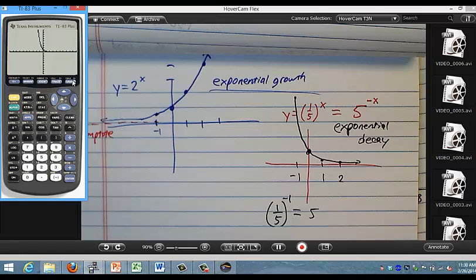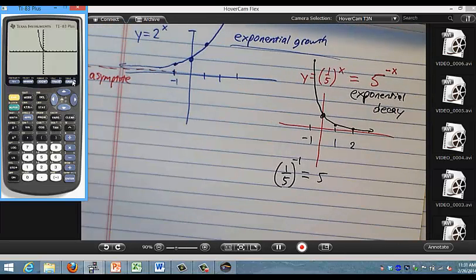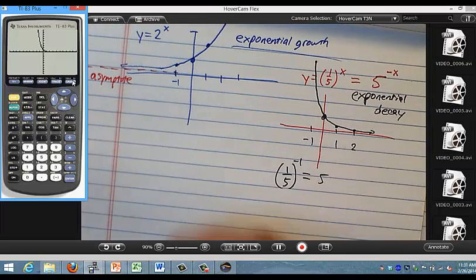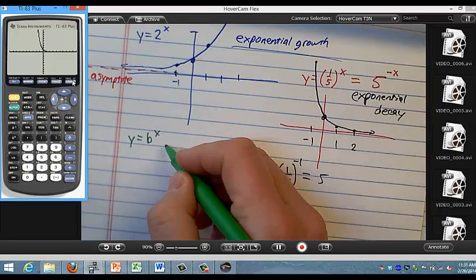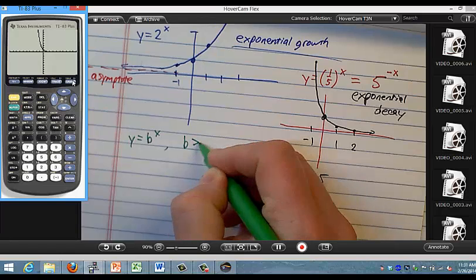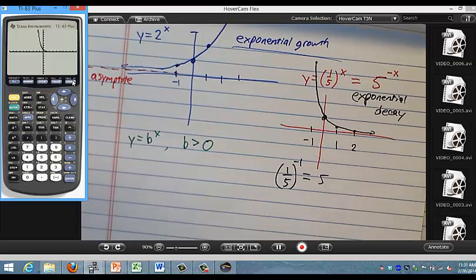And I'm just going to say that from here on out, if you have y equals b to the x power, we are going to say that b is greater than 0. This addresses Matt's question. First of all, you can't take a negative number to like the 1/2 power. You can't take the square root of a negative number. We're going to avoid a lot of difficulties if we just say that, hey, b has to be bigger than 0.